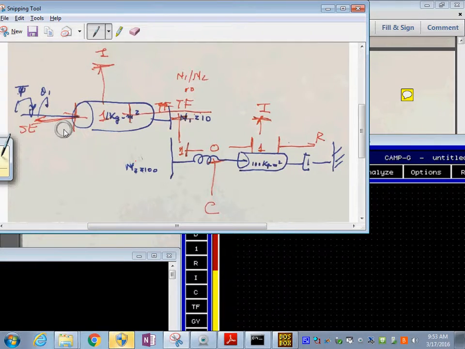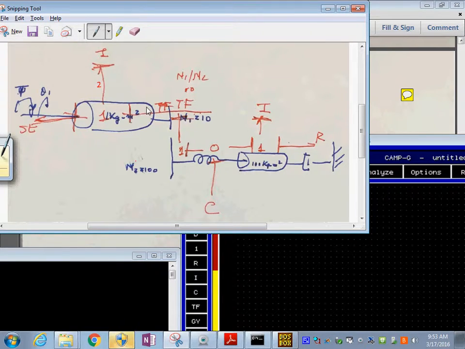But this is just for the sake of our example, and let's define my output. What is the velocity, or the torque on this mass?